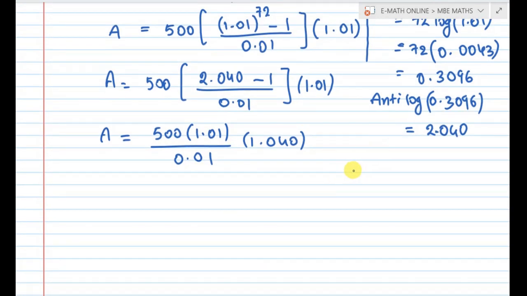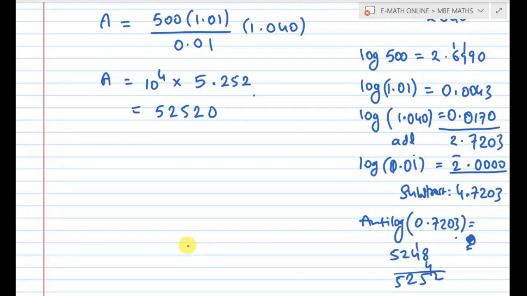Now we have to use logarithms. So numerators should be added, and at last the denominator will be subtracted from those log values. The respective log values are as follows.